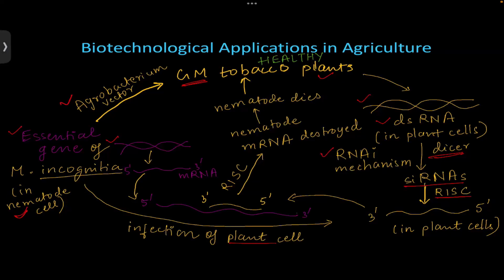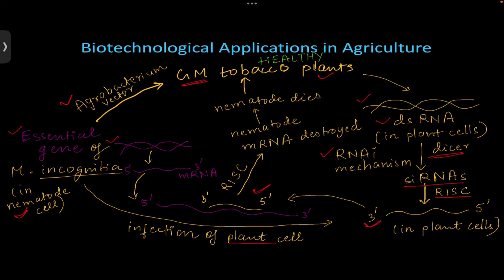So it will produce this mRNA in the plant cell. Now this genetically modified tobacco plant has this antisense RNA strand, which is actually complementary.